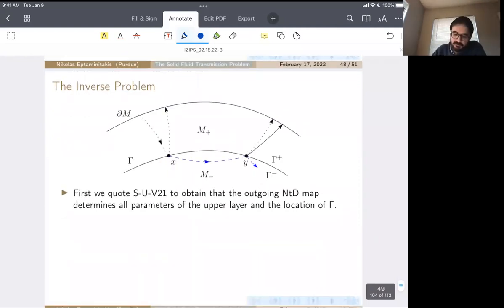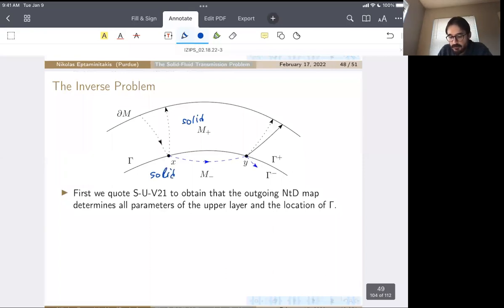First of all, the recovery of all materials in the outer layer is basically completely quoted from that work. The situation is completely the same: in what they're doing, they have a solid and another solid below.